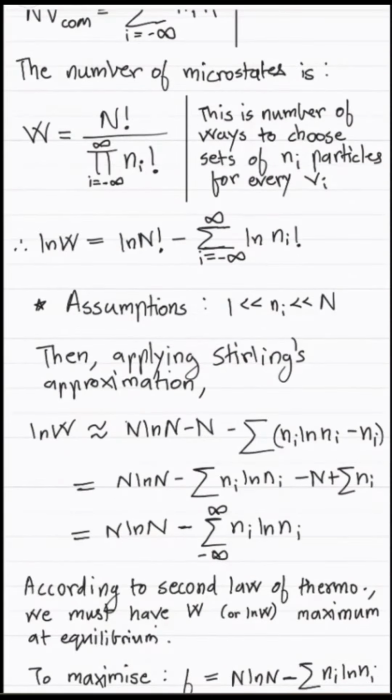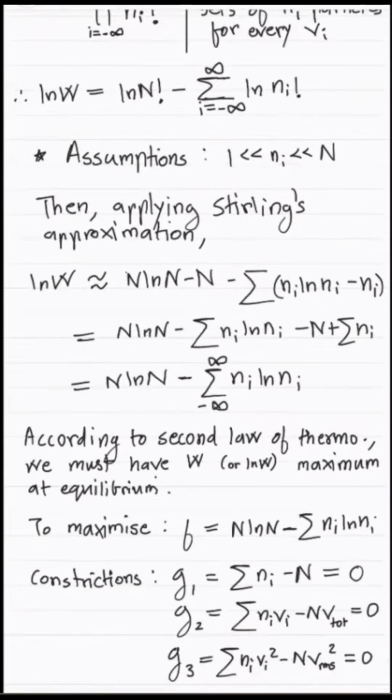Our assumptions are these. Every small ni is much bigger than 1, but also much less than capital N, because as I told you, there are an infinite number of vi. So then we apply Stirling's approximation, which is something you should know. The Stirling approximation basically says that natural log of n factorial is equal to n natural log of n minus n, where n is a very big number.